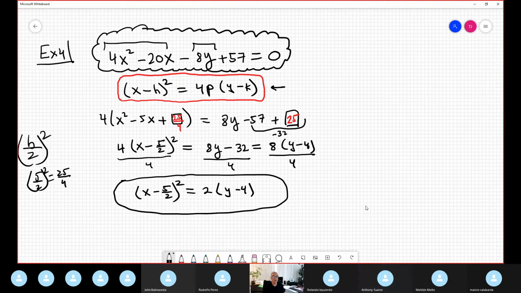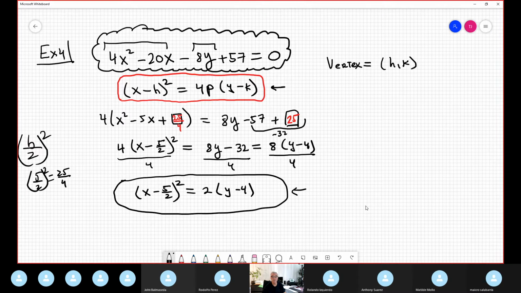Now I factor out 8 and divide by 4, stay 2. Okay, so you compare this equation and this equation. Look similar, no? Except that the vertex, where is the vertex of this parabola located? Remember, the vertex is always h comma k.